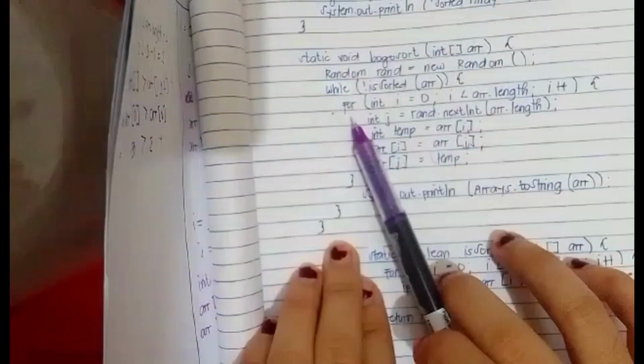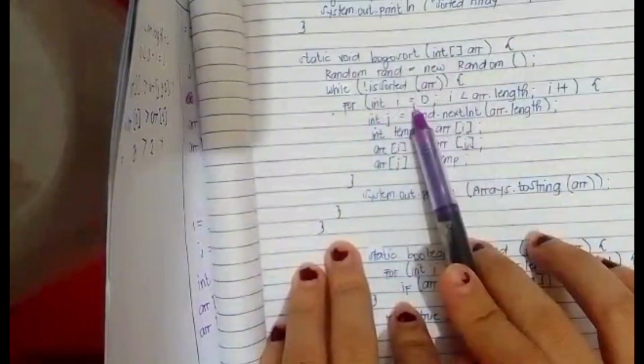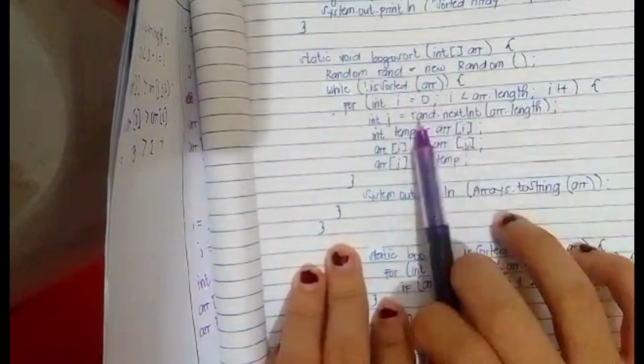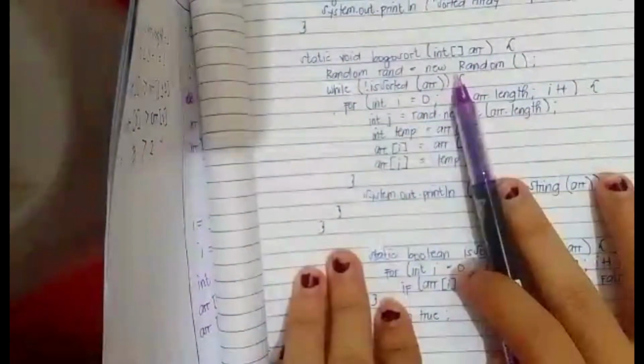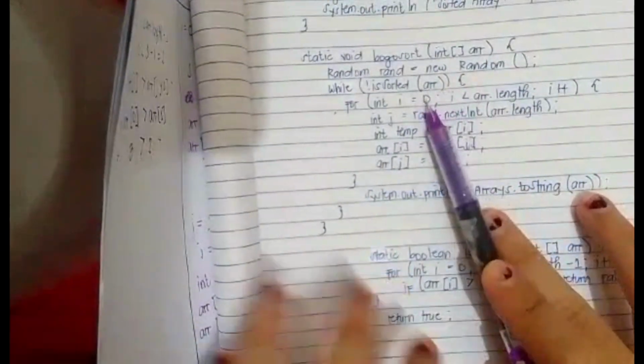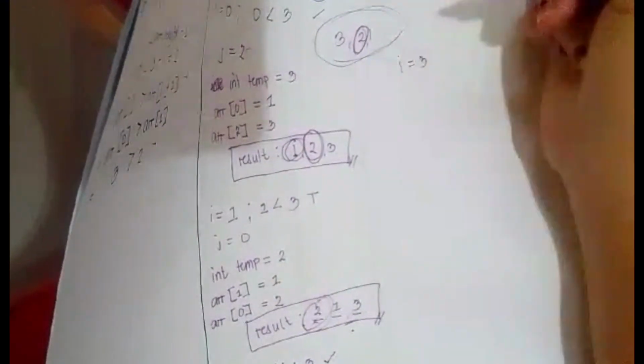So, balik na po ta nga rin sa for loop, sa outer loop ngayon. So, int I is equals to, kaganina po man ang atong value sa I, kaya increment man ta. So, karon increment naman po ta. So, ang 2 nato karon magiging 3. So, I is equals to 3.